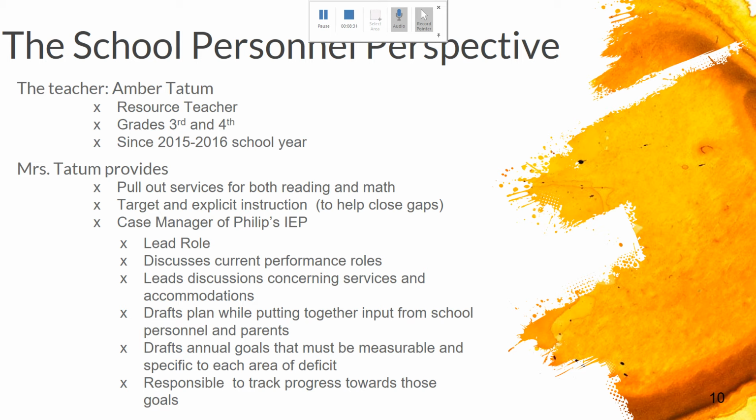She also drafts annual goals that must be measurable and specific to each area of the deficit. And that is actually very important when constructing an IEP. Then also she is responsible to track progress towards those goals.